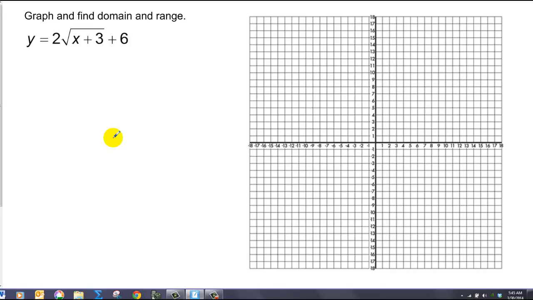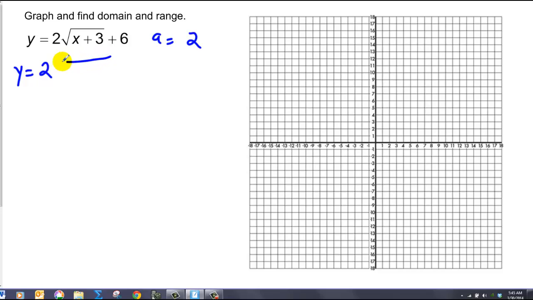So now we're going to put a lot of this together. Let's take this function and identify all its pieces. My a value is equal to 2. I'm going to rewrite the function a little bit so it is in the proper form. I need there to be a subtraction within the radical sign.